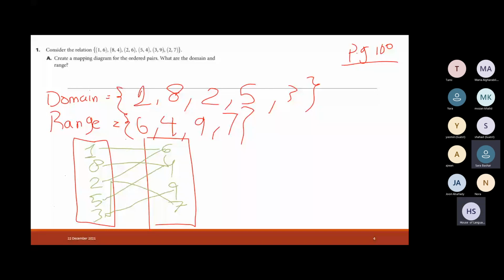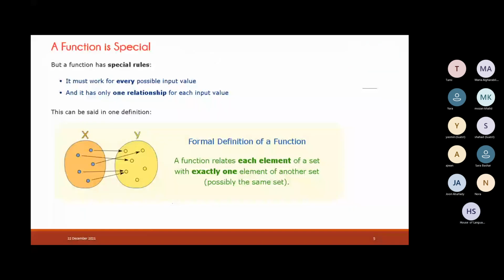A function is a special case from a relation. All of you writing: a function is a special case from a relation.